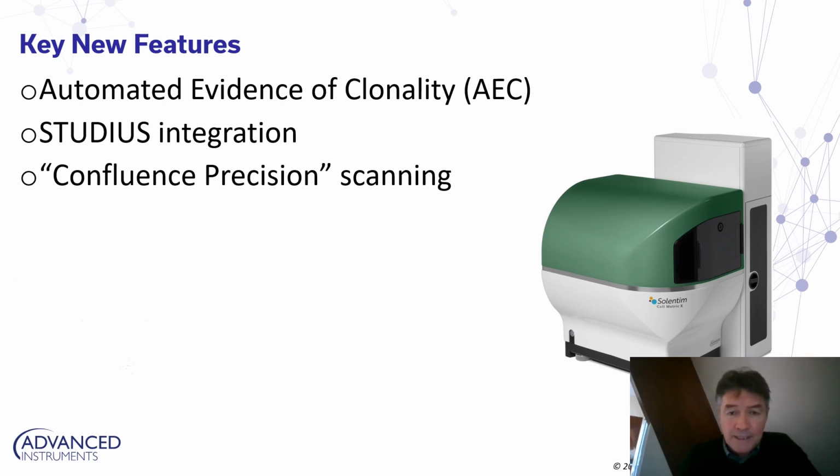We've also applied artificial intelligence to the confluence scan to give us a highly accurate confluence precision scan. And we have access to 3 planes of image data to help in the identification of cells.